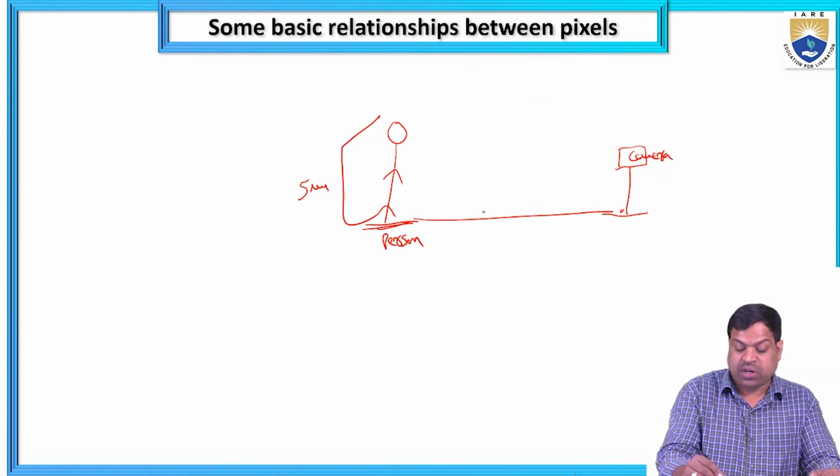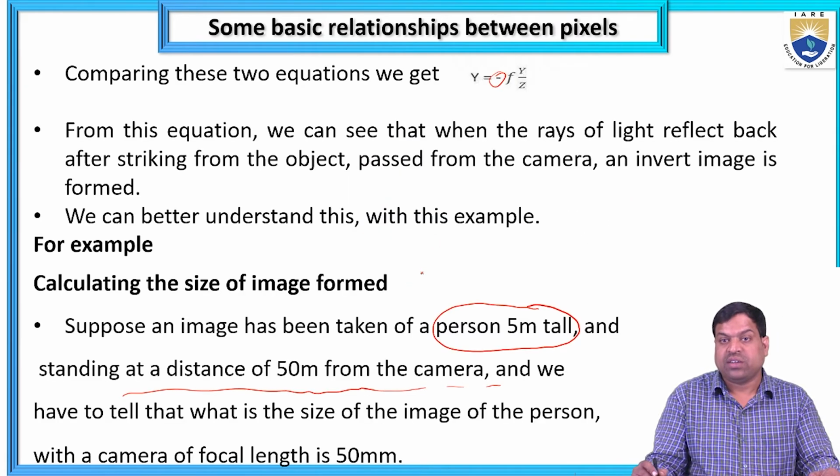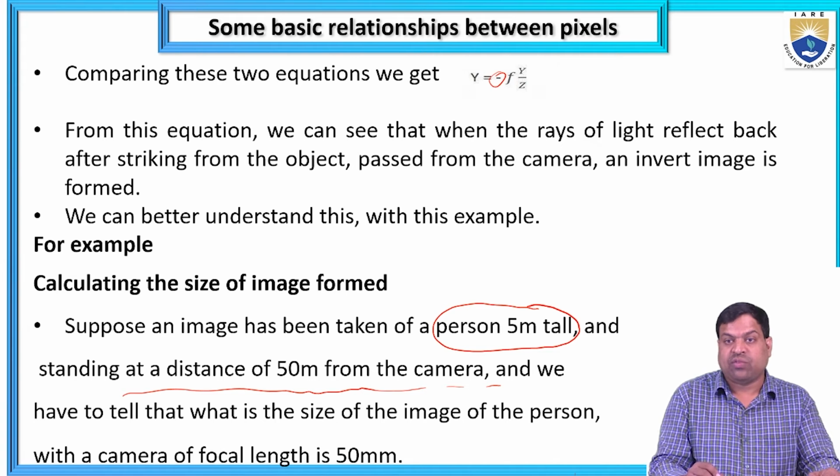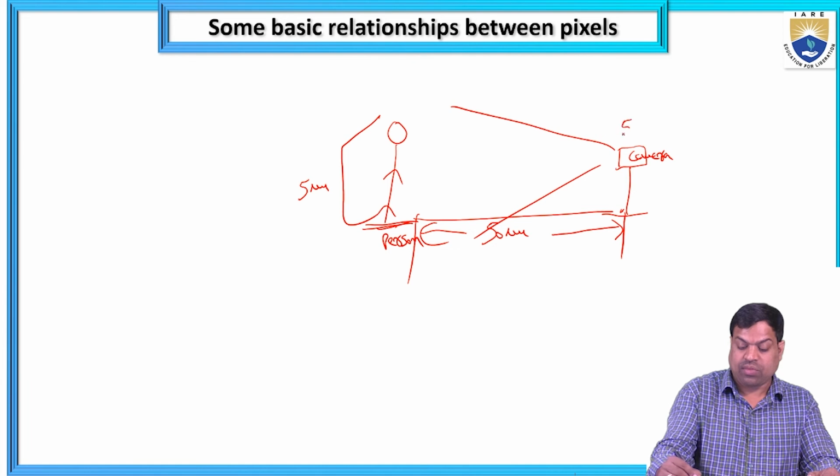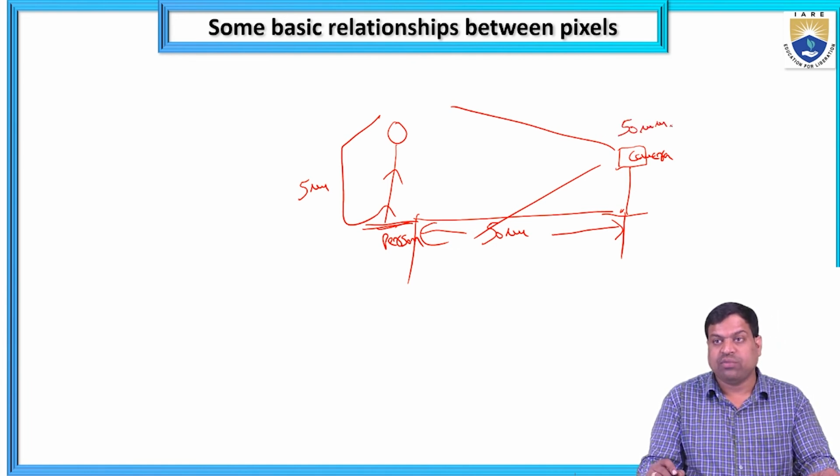Here the camera is there, and the distance between the person and the camera is 50 meters. We have to tell the size of the image of the person with a camera of focal length 50 mm.